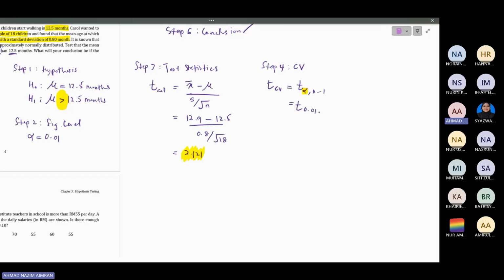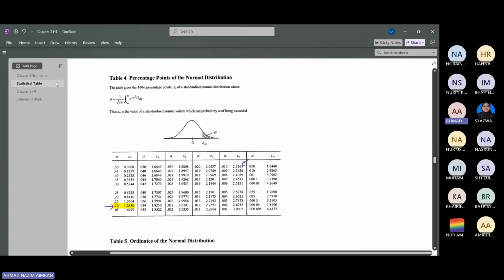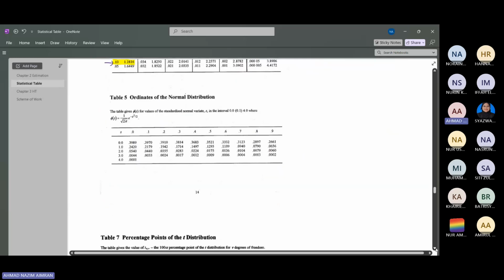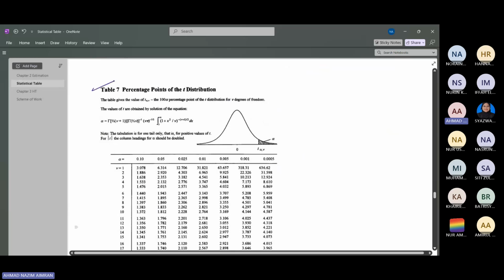So now our alpha is 0.01, and our degree of freedom is n minus 1, which is 18 minus 1, equal to 17. Let's find this T critical value. Go to the statistical table and find the T table, table number 7. This is where you can find the T critical value.